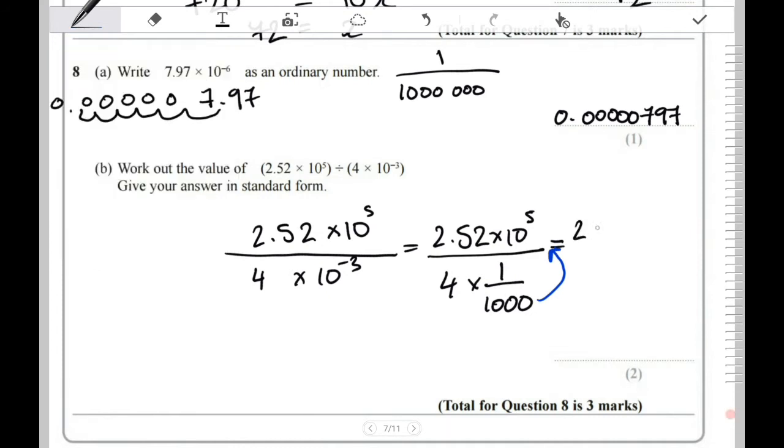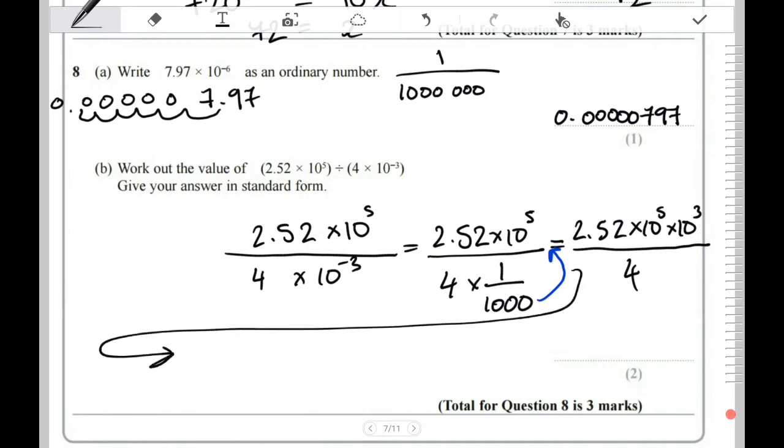So that will be 2.52 times 10 to the 5 times 10 to the 3 over 4. So if we bring that here, you have 2.52 times 10 to the 8 over 4.